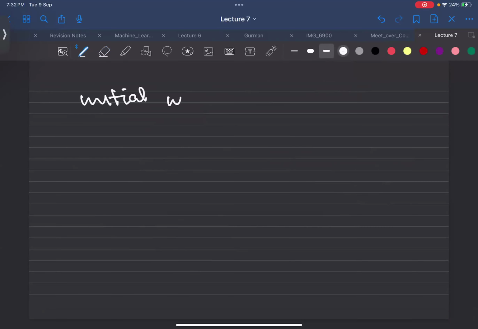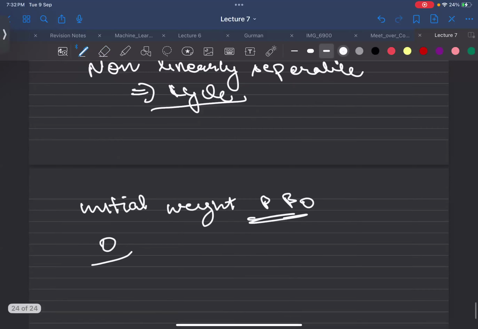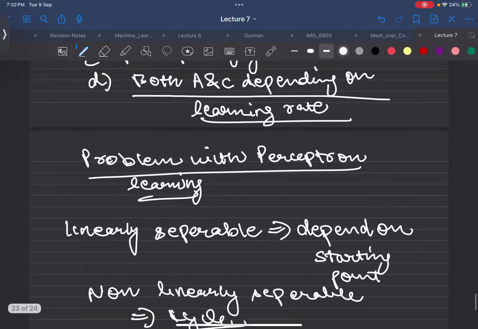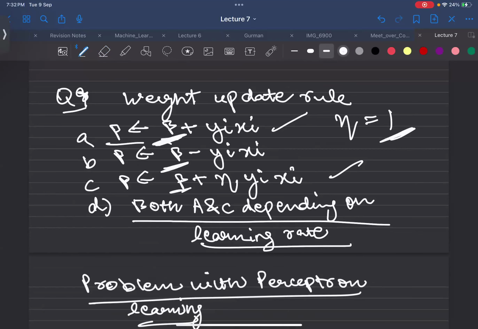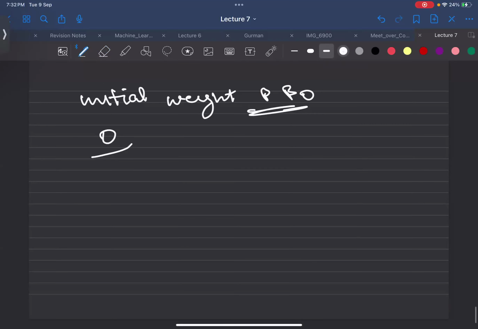What are the weights? This beta. These are basically random. Usually we start with 0 and we keep updating it. Actually, we have to find the optimal beta naught, and we are updating it. That's what we are doing. This initial beta is basically random in nature. We start with beta and beta naught.